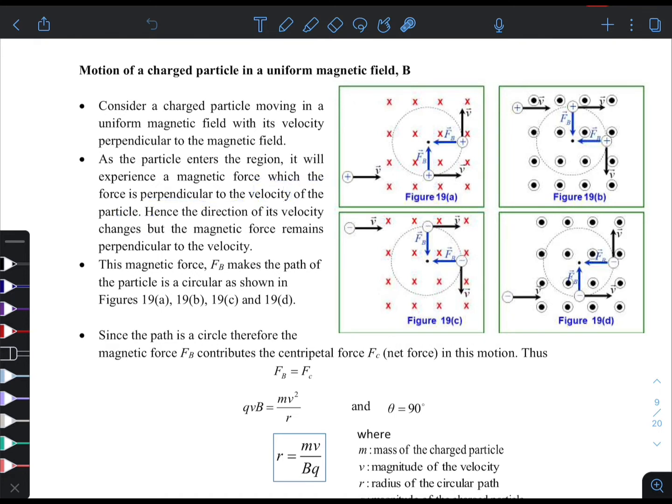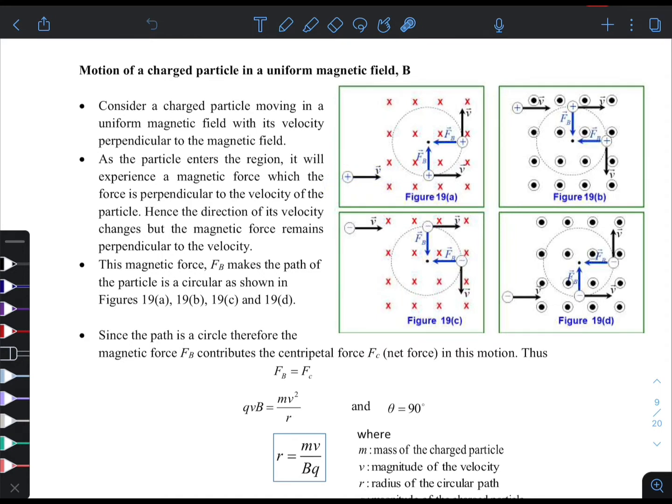Okay, so the force that we are going to experience is going to be perpendicular, using the right hand palm rule. Hence, the direction of its velocity changes, but the magnetic force remains perpendicular to the velocity. Let us look at the first part here, where the charge enters.